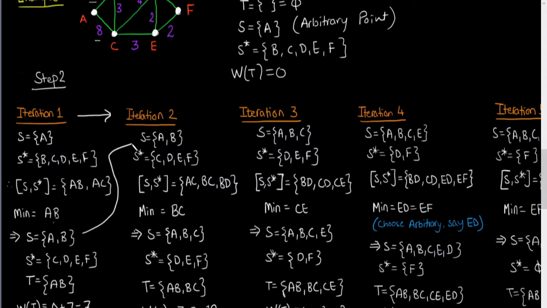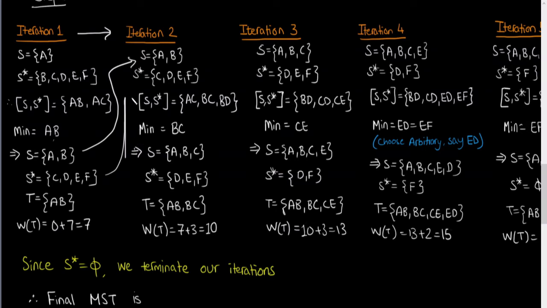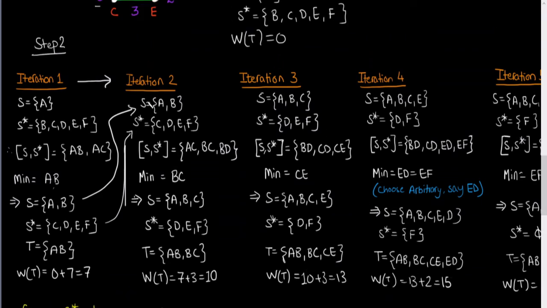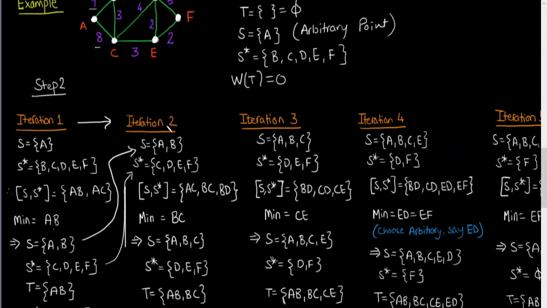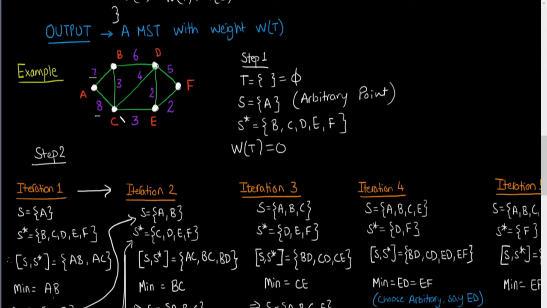So using this, S becomes AB and S star will become C, D, E, F. Okay, so again we collect the set of edges from our set S to S star, and in this case it will be AC, BC and BD, because we have points A and B in our set S. Okay, so these are all the set of possible edges found connecting the points of S to the points of S star.